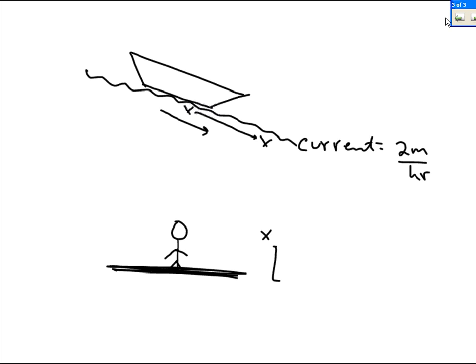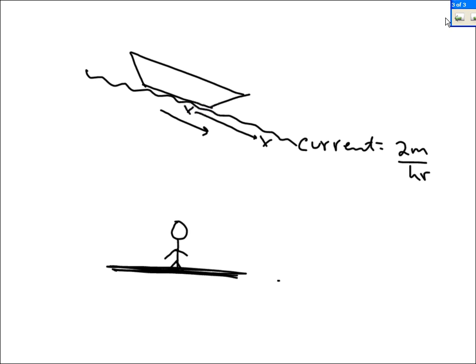Okay. So you know the boat is moving downstream at the rate of 2 miles an hour. The water always goes downstream.